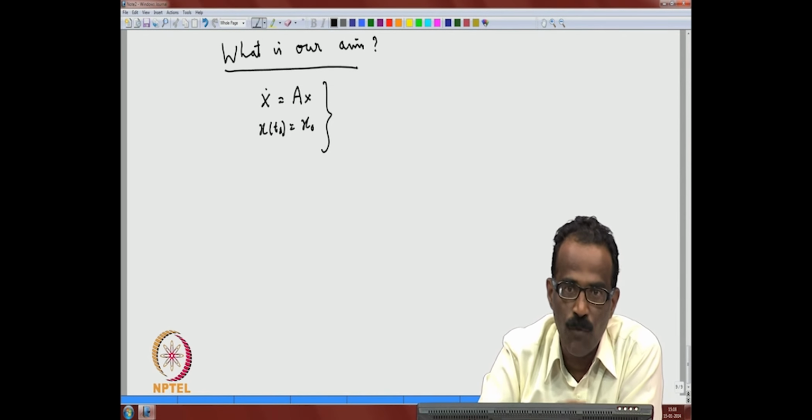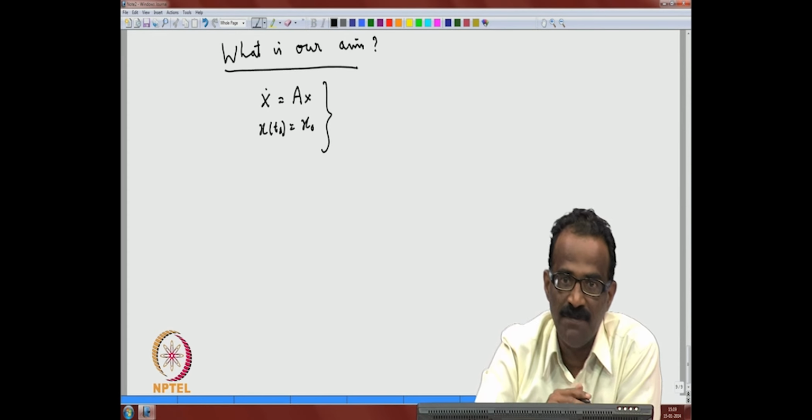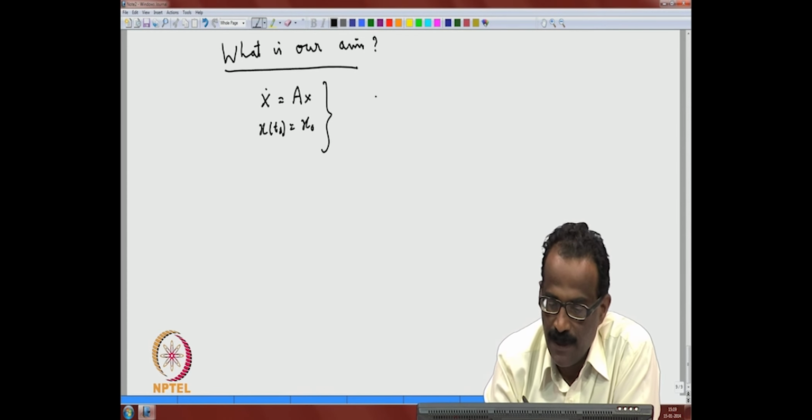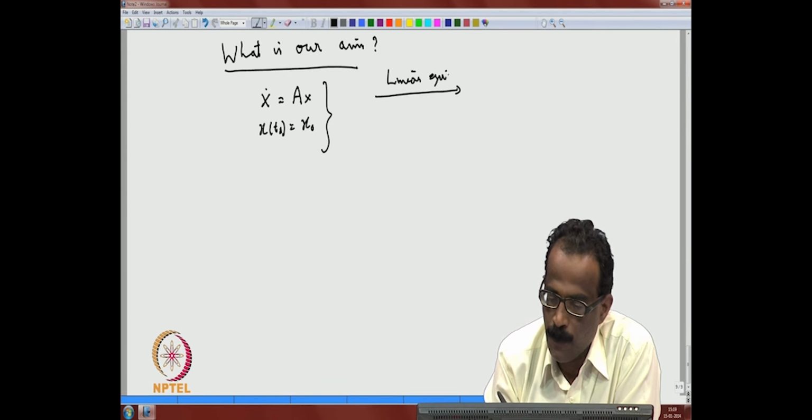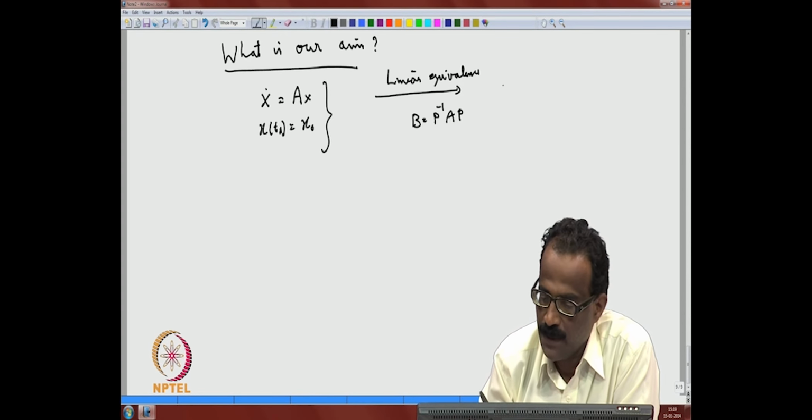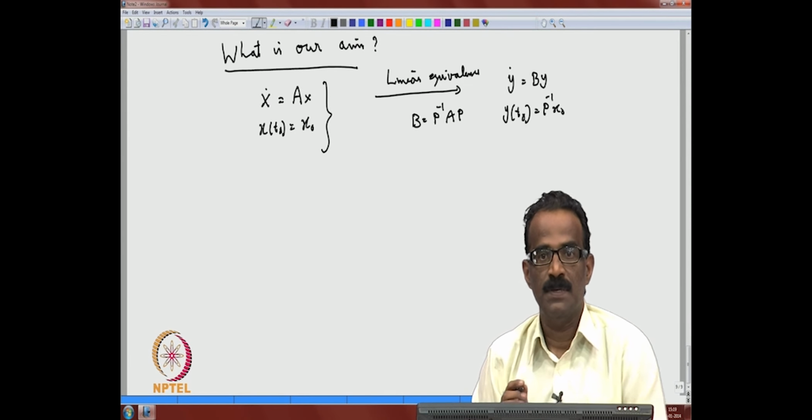And what we have so far discussed is that if there is a linear equivalence, that means you have B equal to P inverse AP, and you have the corresponding system y dot equal to By, and y at t naught equal to P inverse of x naught, that is your y naught.